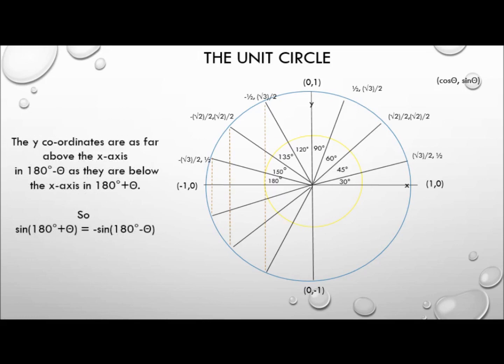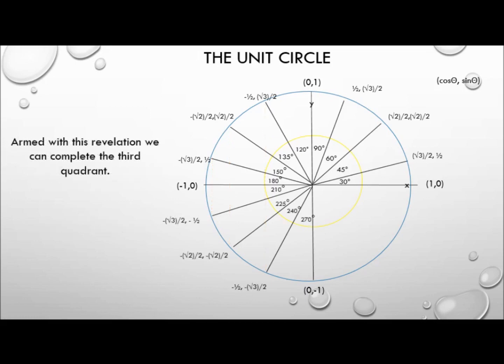The y-coordinates are as far above the x-axis in 180 degrees minus theta as they are below the x-axis in 180 degrees plus theta. So the sine of 180 degrees plus theta is equal to the negative sine of 180 degrees minus theta. And armed with this information, we can complete the third quadrant of our unit circle.